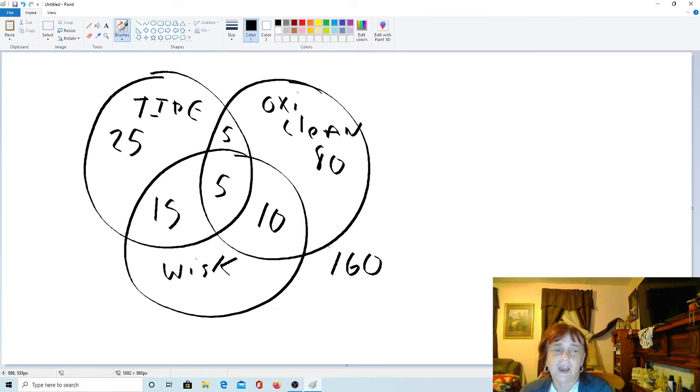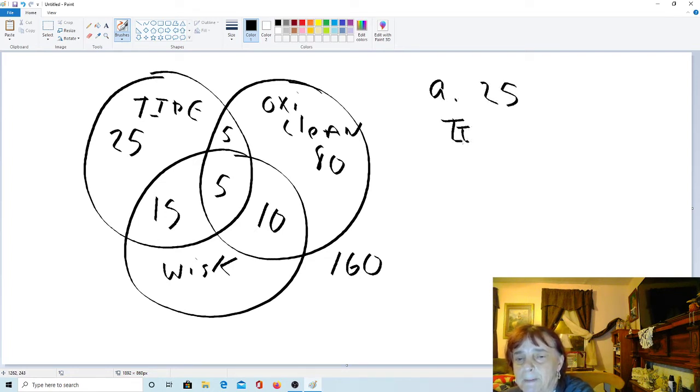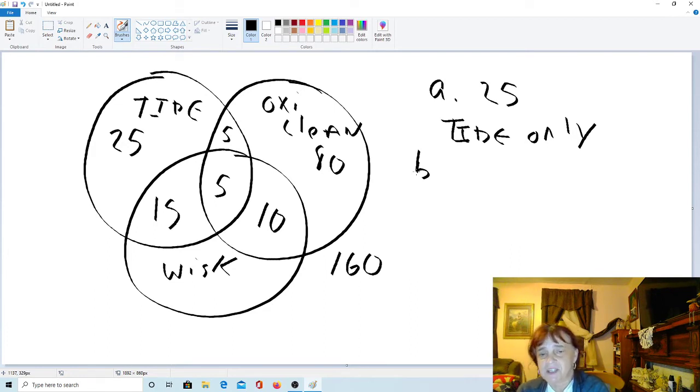Okay, so if they ask you how many use Tide only, it would be 25. How many used Whisk and OxiClean but not Tide? It would be 10.